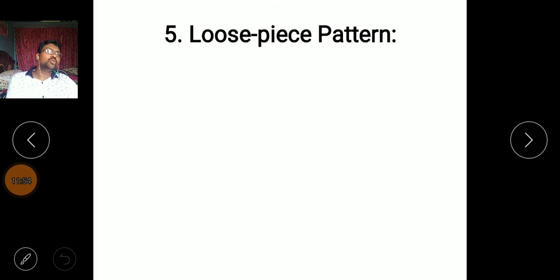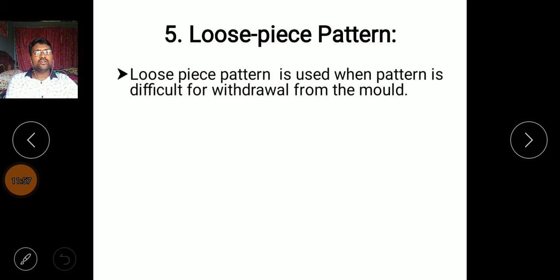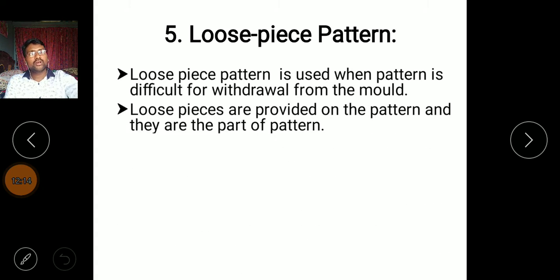Next, coming to loose piece pattern. Loose piece pattern is used when the pattern is difficult to withdraw from the mold. Suppose for complex objects, the withdrawal of the pattern from the mold is very difficult. For that case, we use a loose piece pattern. Loose pieces are provided on the pattern and they are part of the pattern.